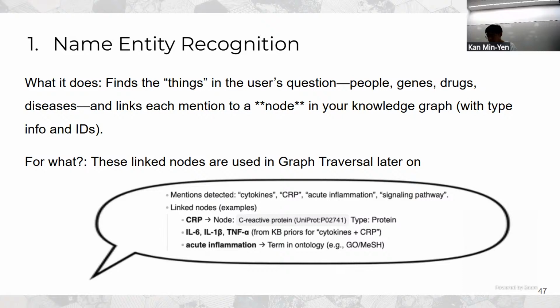So many times we want to move to a knowledge graph because it's a more precise representation of natural language. So it may be that you're favoring precision over recall. And what I mean by that is when you do the conversion of a text and you do the disambiguation of named entities like CRP, here it stands for C-reactive protein, right? It doesn't stand for whatever else.